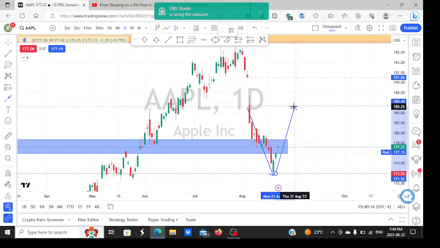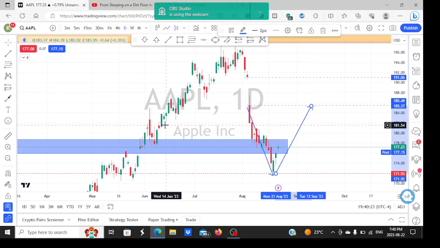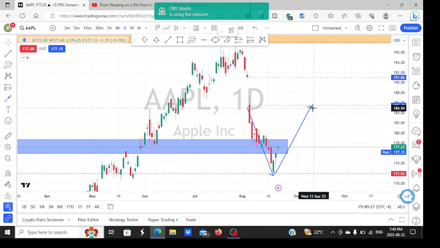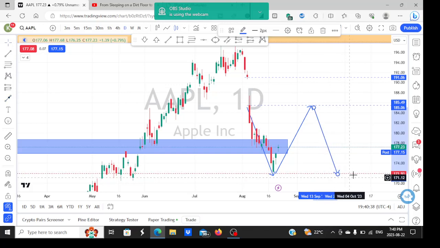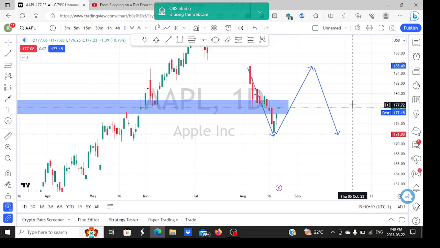It can do a retracement all the way to that zone, and then we can look for selling opportunities after that, and then it will come back down here. Okay, so that's the move on Apple.